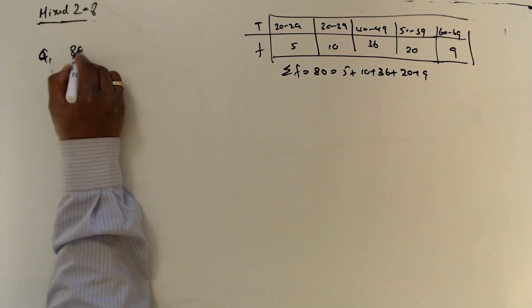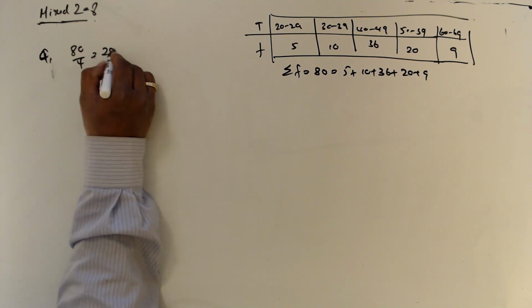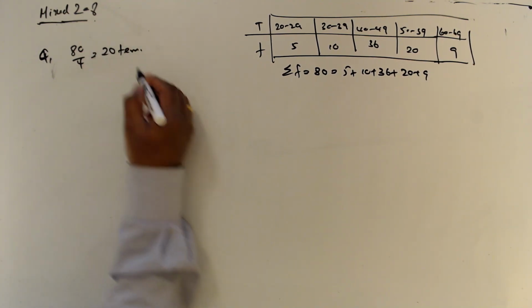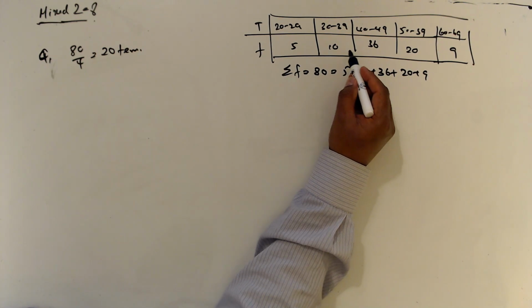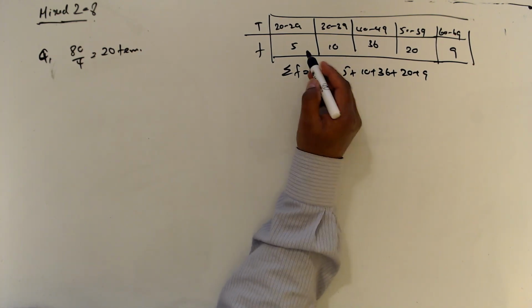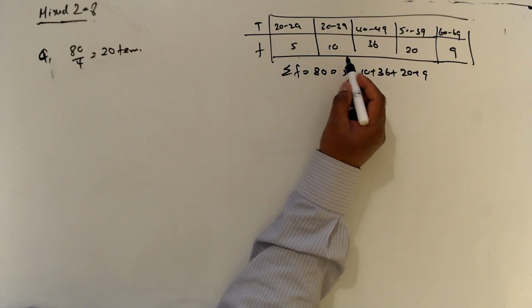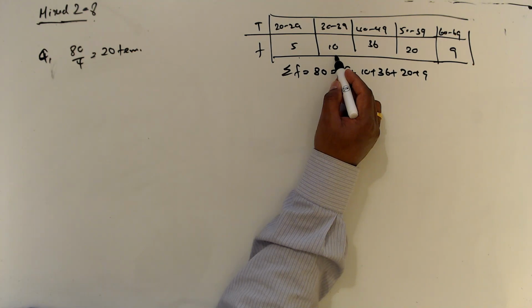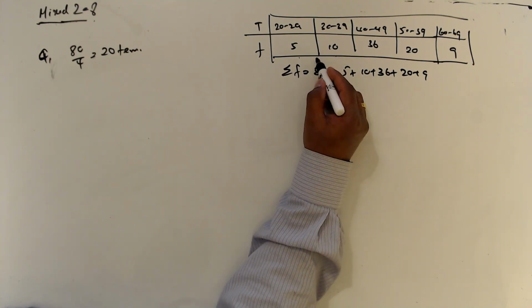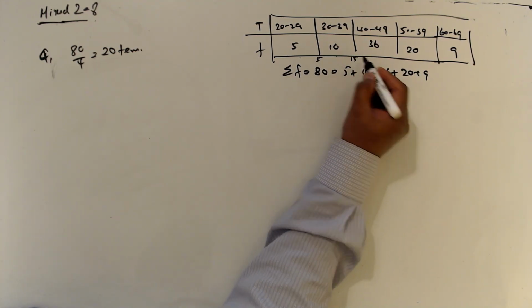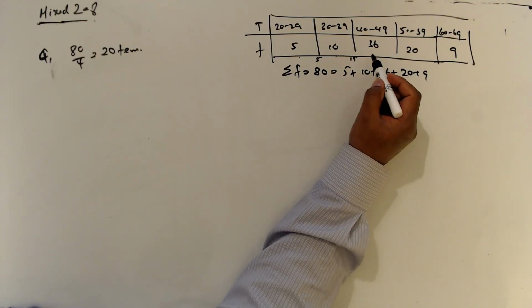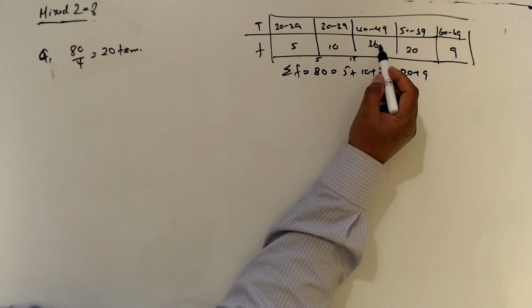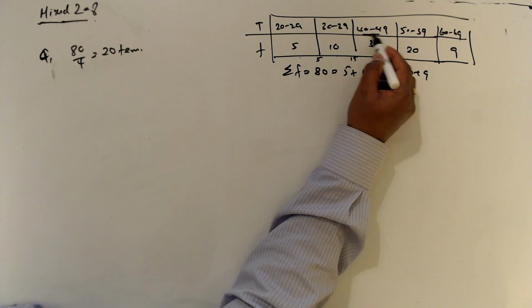Q1 is 80 divided by 4, that is the 20th term. The 20th term is not in 5 plus 10, 15. Up to here it is 5, 15. Then the 20th term should be in this interval.